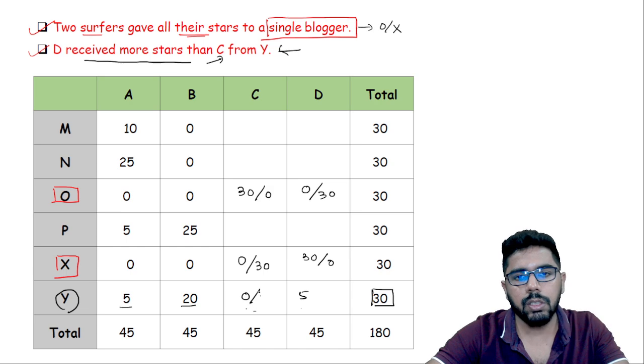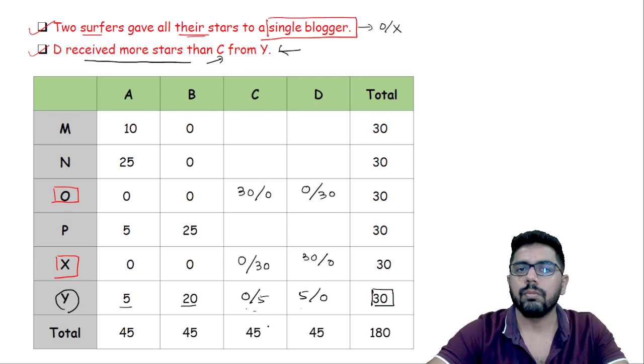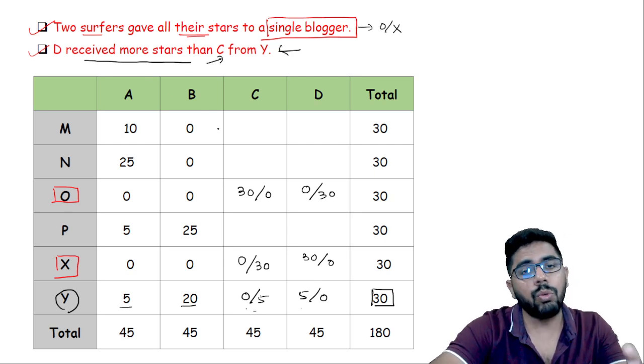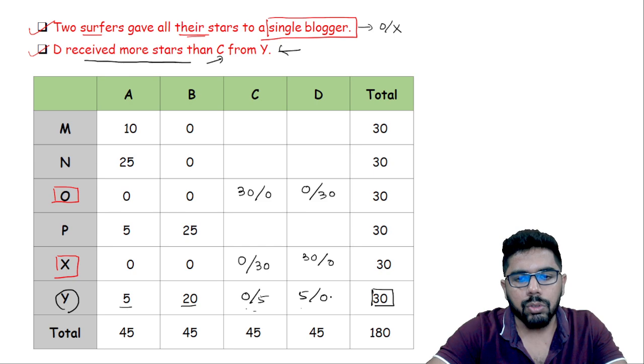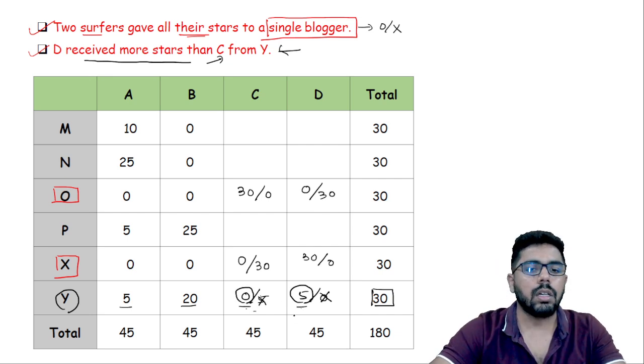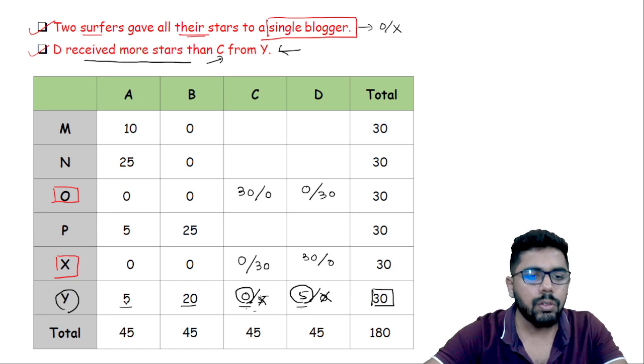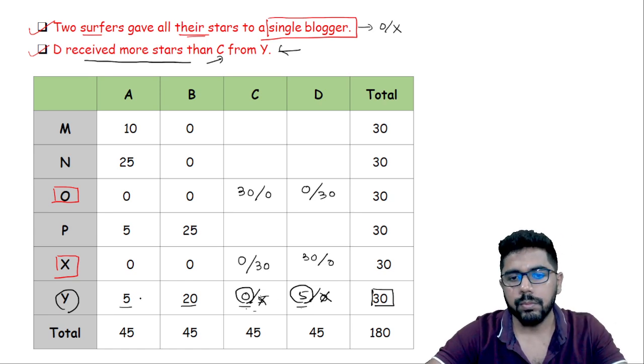If C is getting 0, D will get 5, and if C gets 5, D gets 0. Now because D received more stars than C, D cannot be 0. So D is 5 and C is 0. C cannot be 5. This is how we can conclude the number of stars received by C and D from the server Y.